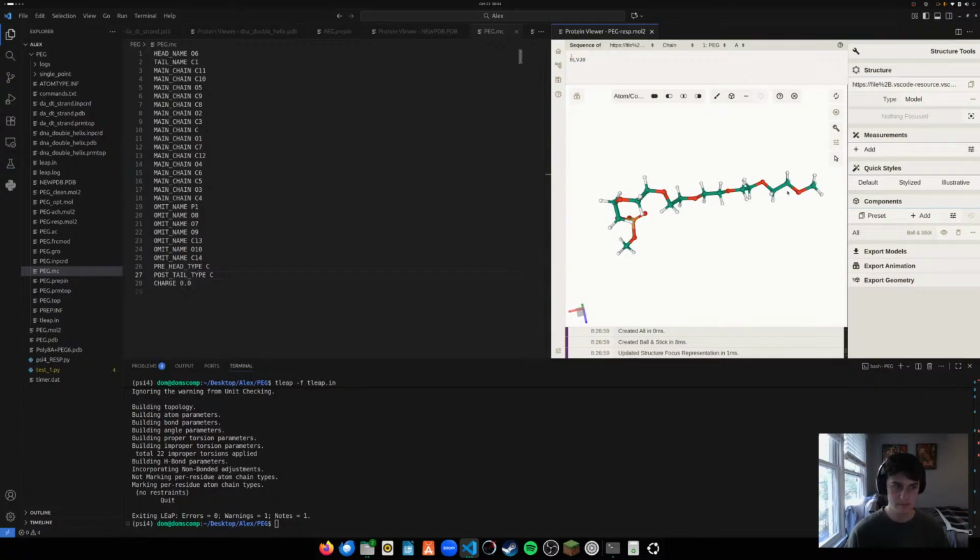Tail name is that, C1. Post-tail type is O10. Let's see what this does.